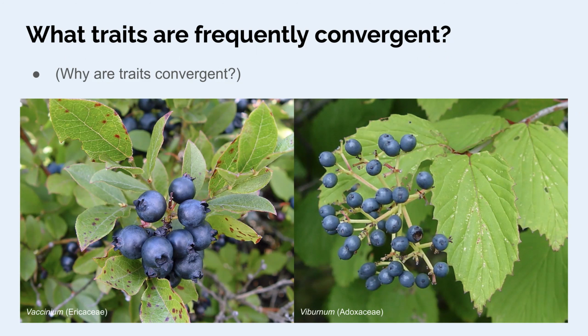Is it just random, or is there something going on from selection that causes them to be this way? Well, as you can guess from the title of this slide, this is a feature that you would suppose is resulting from convergent evolution. And the understanding here is that one of these plants, or maybe even a different plant, figured out a signaling to animals that are going to come eat these fruits and disperse them.